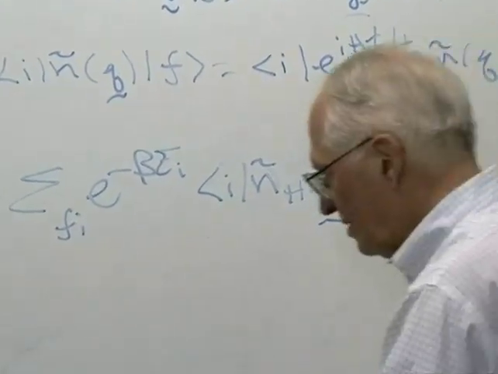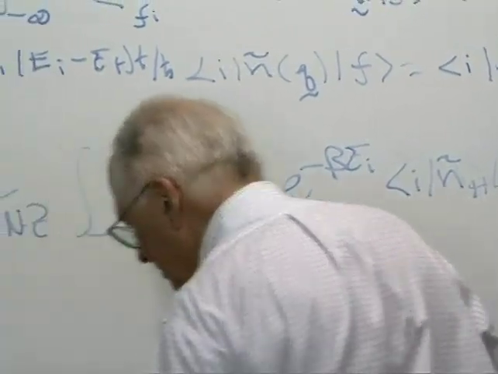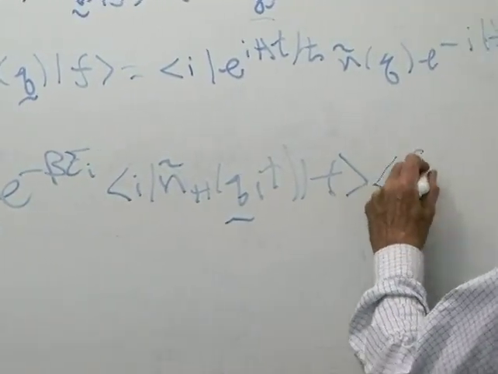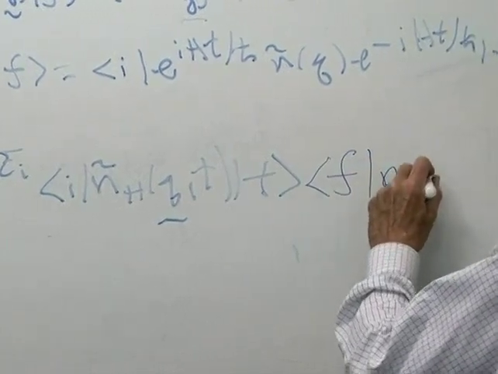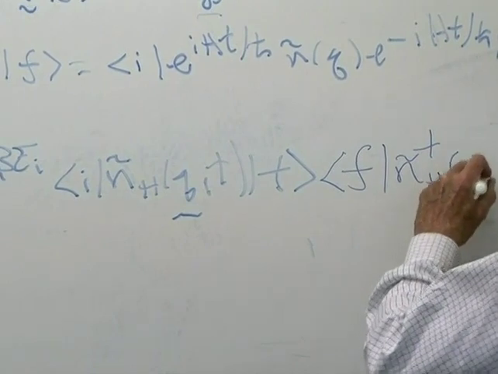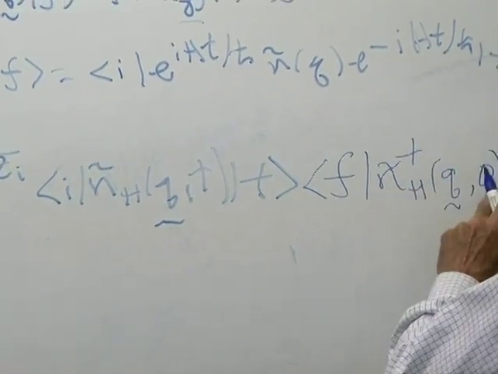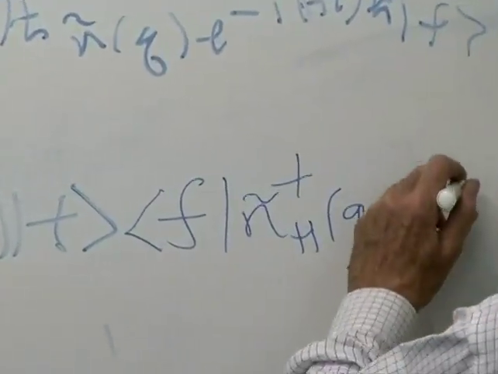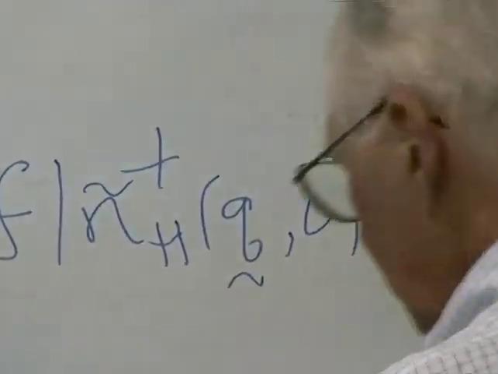Now I get f, and I can call this n tilde adjoint of q and 0, because at time t equals 0, they're the same as the Schrodinger representation, i. And I think that's everything.